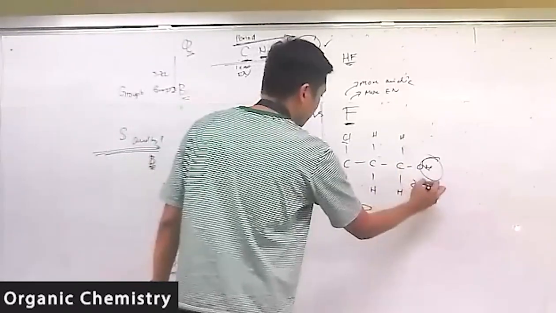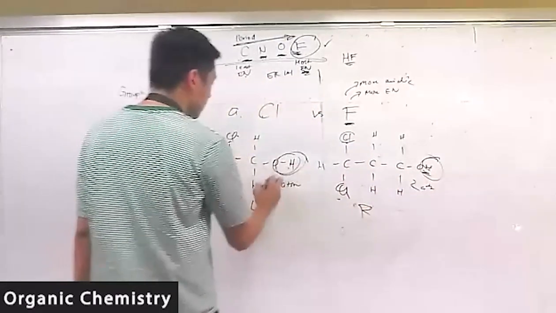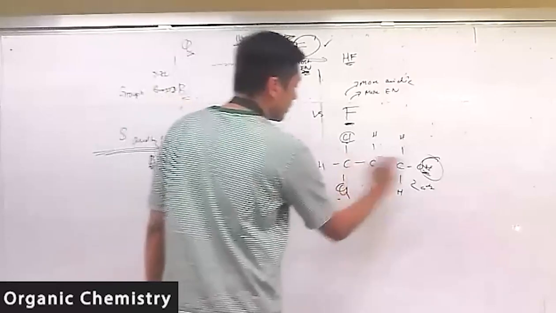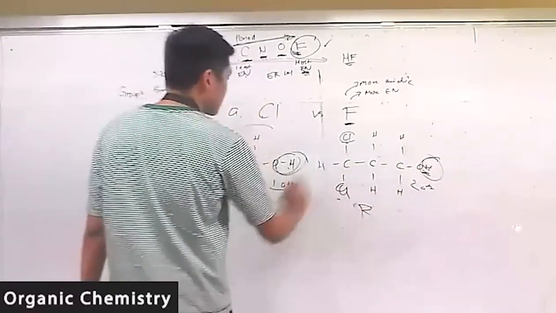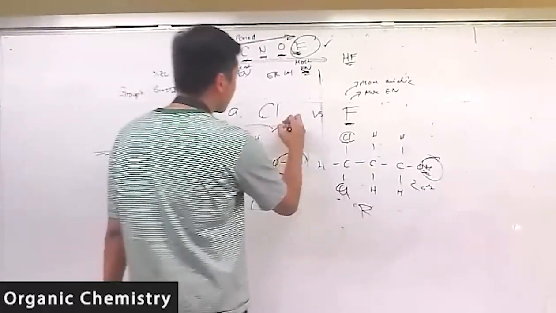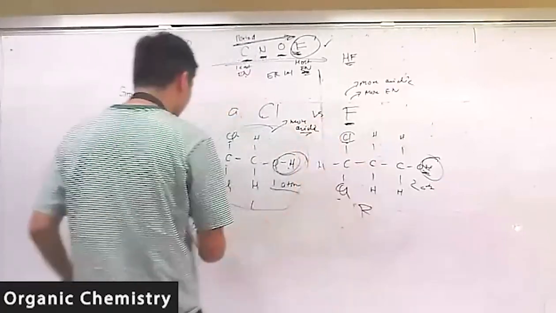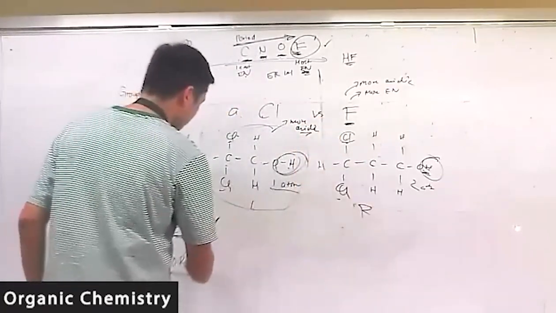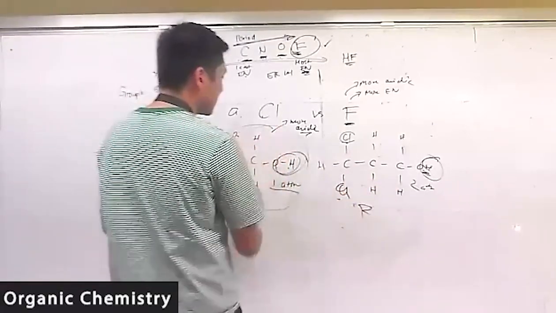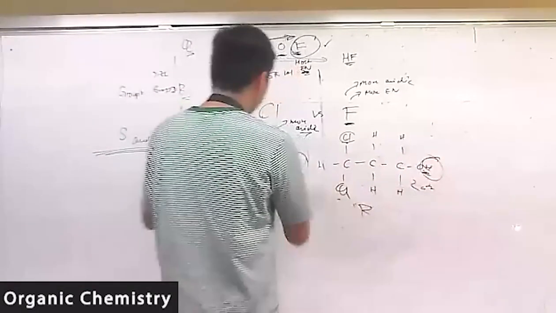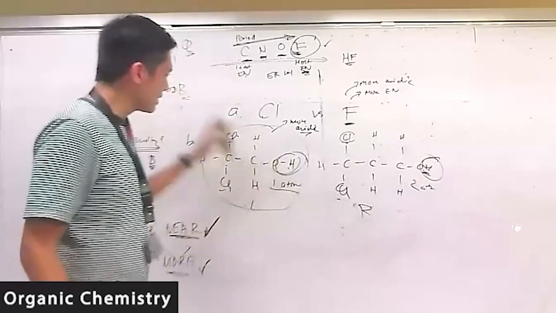This is 2 atom length. This is further from the negative charge than it is here. 1 atom lang ang distansya dito. 2 atom ang distansya dito. We want it near. So this is the more acidic. I mentioned this earlier. If you could write it down in your notebook, you want it near and you want it more. We cannot do more, it's the same number. So we want these chlorine atoms to be near the OH. So this is the more acidic. This is the more stable, this is the more acidic.